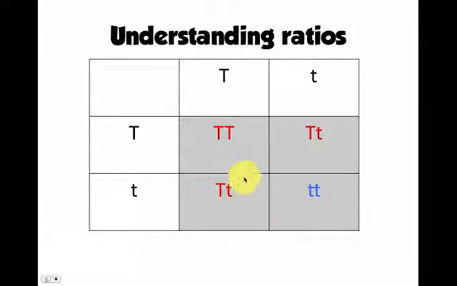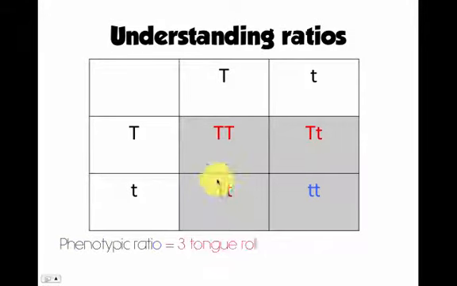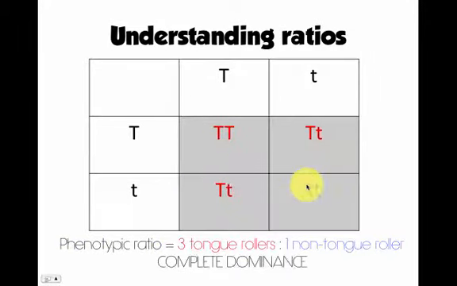We've got 2 with the heterozygous dominant and 1 that's homozygous recessive. Now, when we talk about ratios, we're talking about the phenotype. So in this case, as I've marked in red here, we've got 3 here, which are tongue rollers, and 1, which is a non-tongue roller.